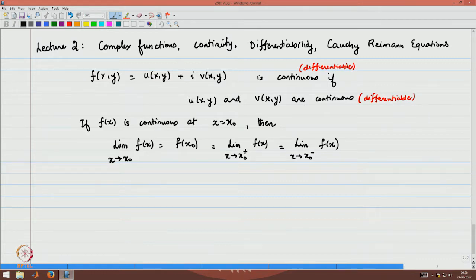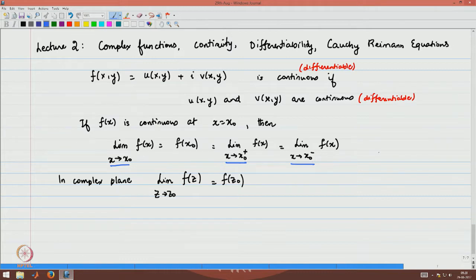So, now in the complex plane, what we want to say is that the limit of f of z as z tends to z 0 equals f of z 0. Now, formally, this limiting procedure: when we say x tending to x 0, we write it as x tending to x 0 plus or x tending to x 0 minus.